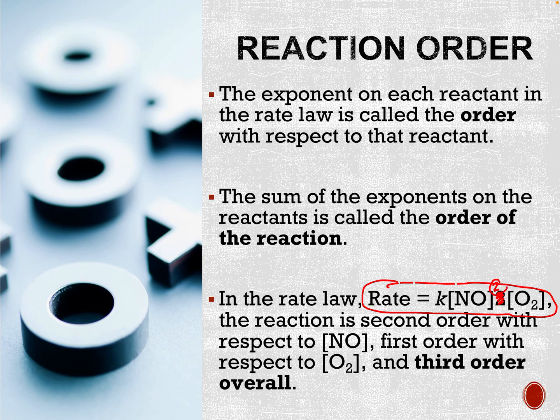So this 2 up here tells us that our reaction is second order with respect to nitrogen monoxide. And the fact that there is nothing here tells us that our reaction is first order with respect to oxygen. Okay? And since we have this 2 and a 1, so total, 2 plus 1 gives us 3. So overall, this reaction is third order.